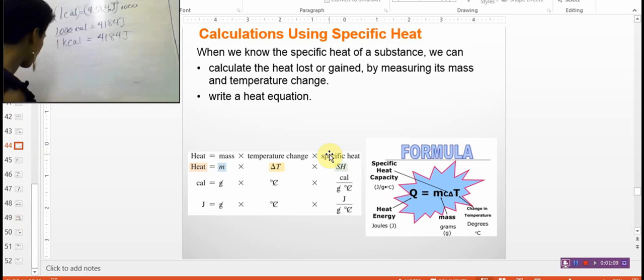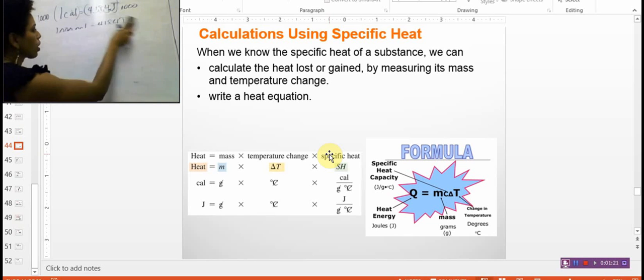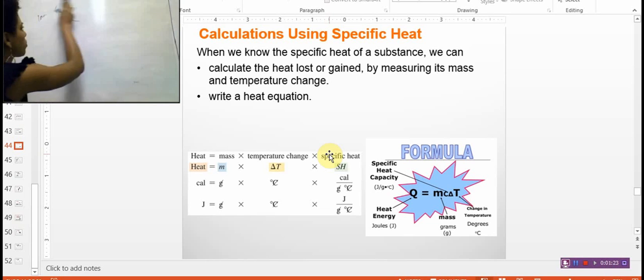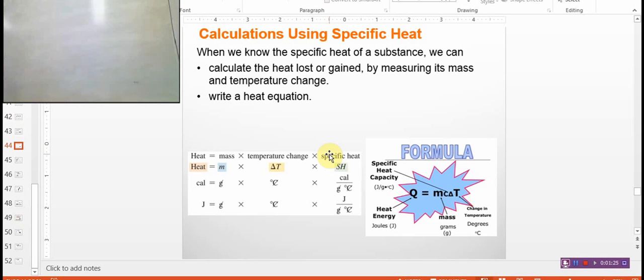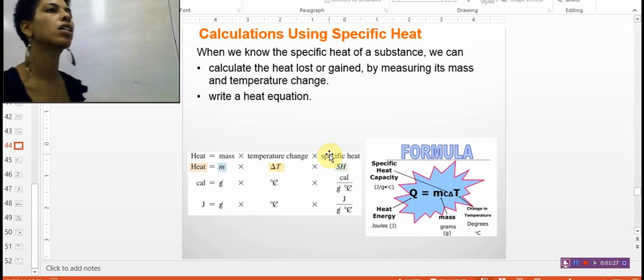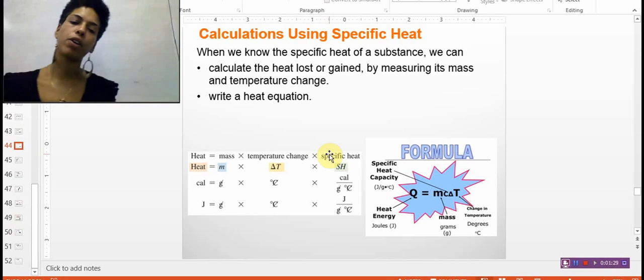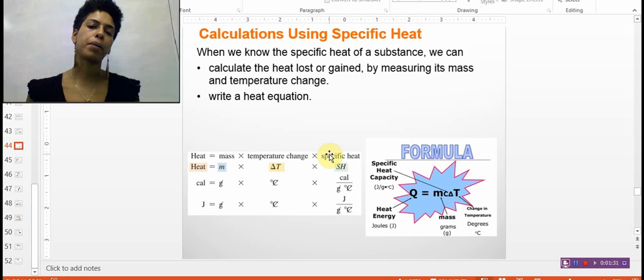All right, so we mentioned that specific heat is the amount of energy that it requires to change the temperature of 1 gram of a substance by 1 degree Celsius, right? So specific heat is about how much energy a substance will either absorb or release to the atmosphere.